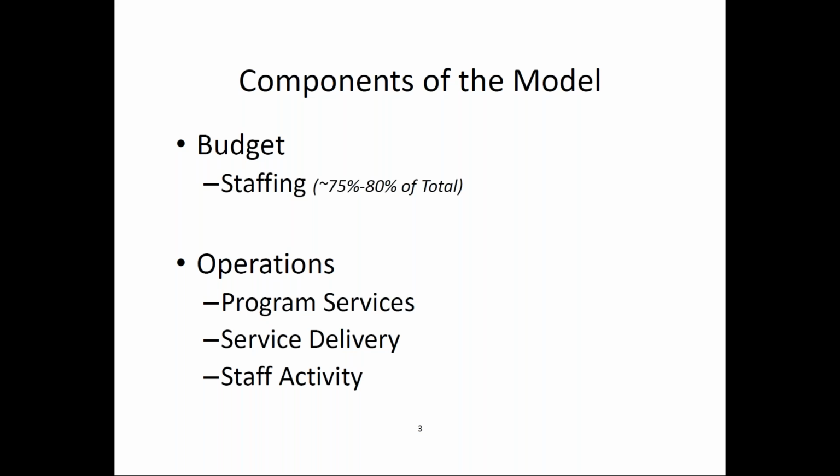CMS has a 2-volume, very lengthy provider reimbursement manual. I will send out the links to that for everybody after the webinar. It describes what Medicaid will and will not pay for. When I first looked at it, I was surprised.